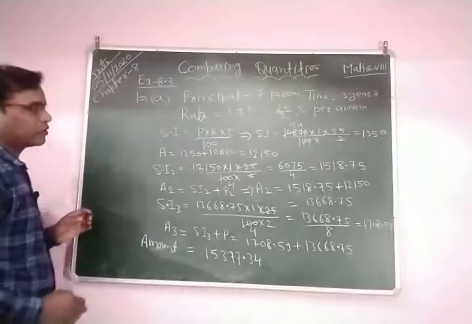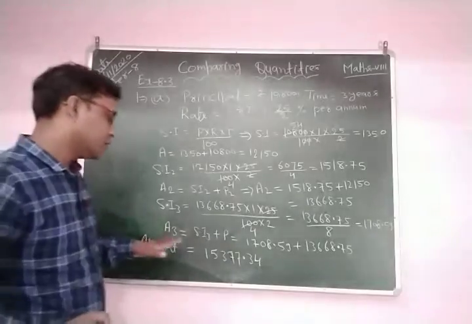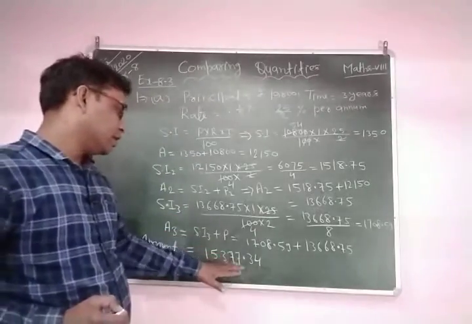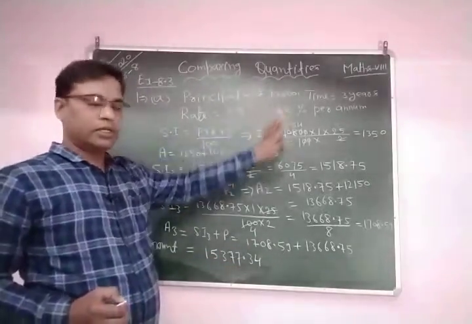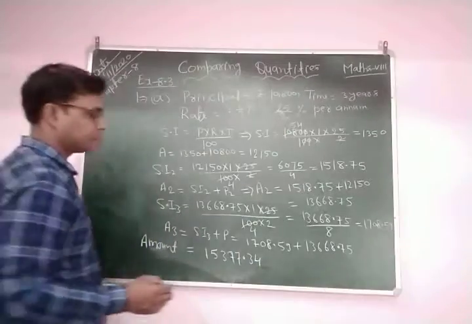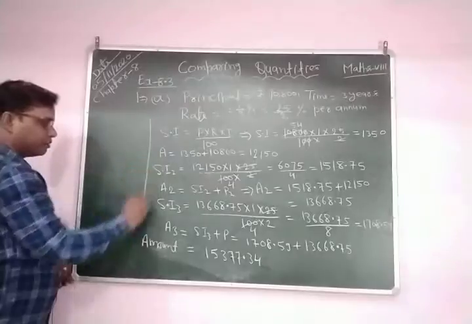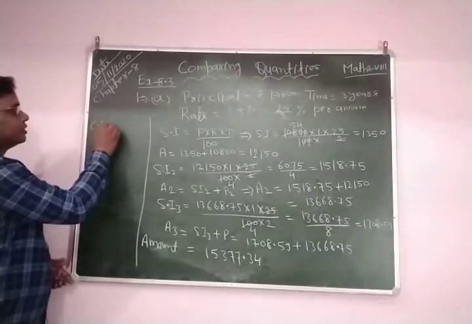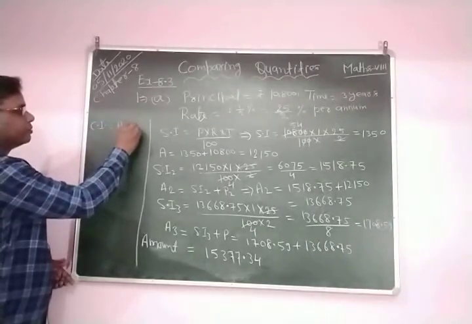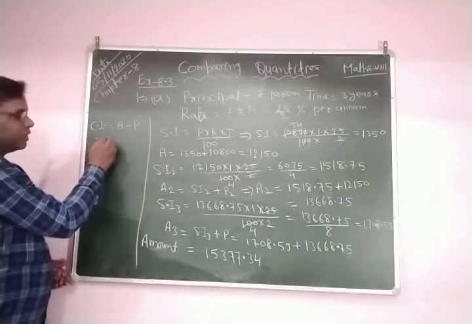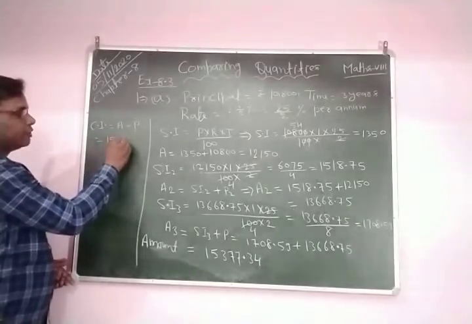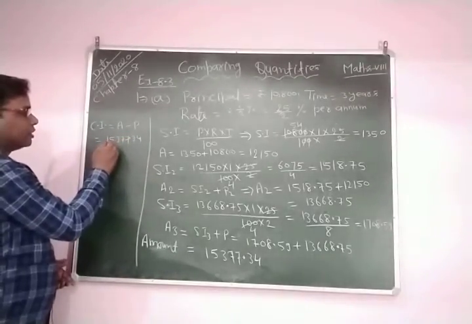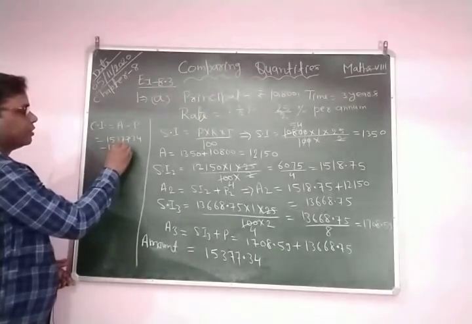Okay. Now again we need to find the compound interest. For compound interest, we separate this amount from the given principal. Okay, so simple interest becomes compound interest. We find the compound interest. Compound interest is represented by CI. This is equal to A minus P. So here A we find 15,377.34 and subtract 10,800.